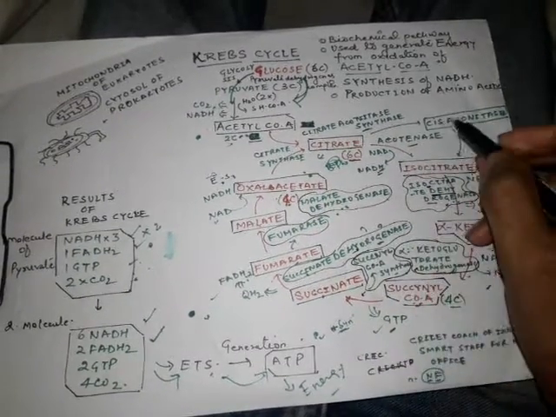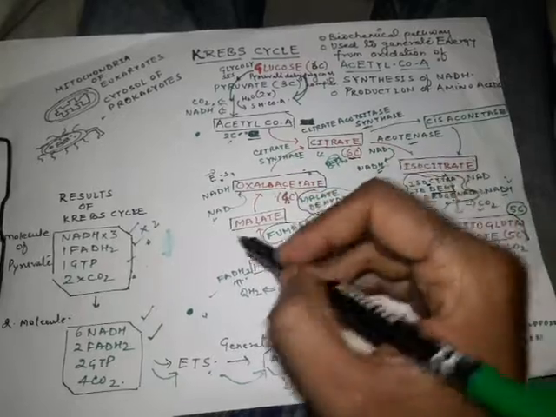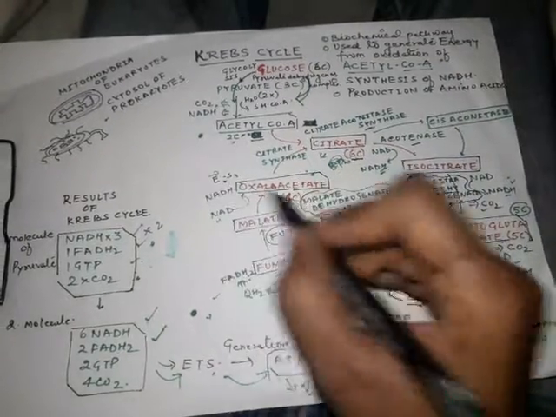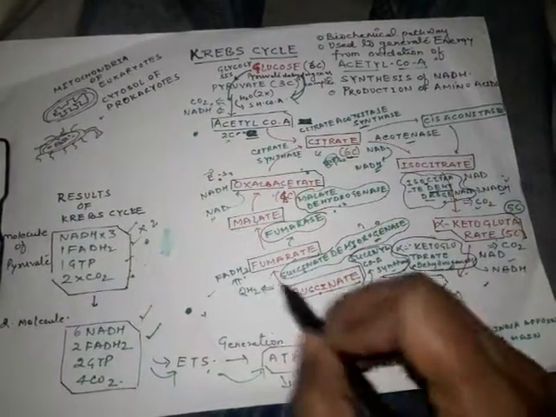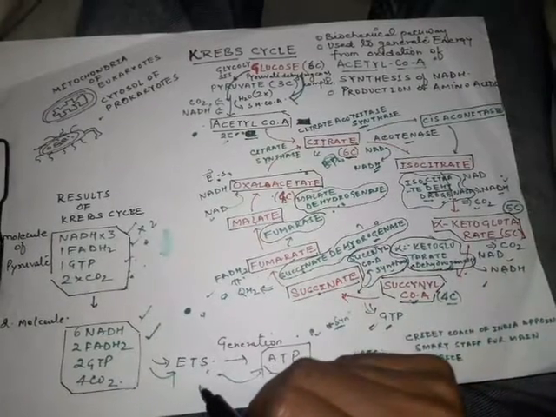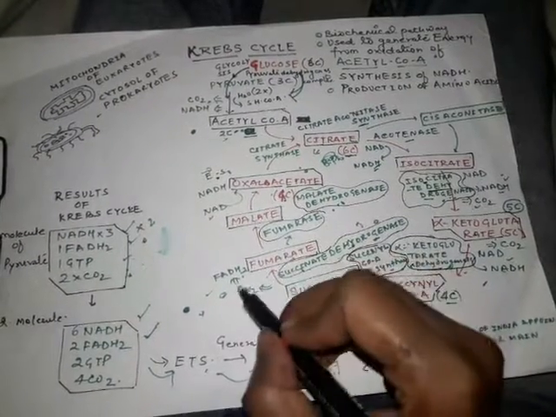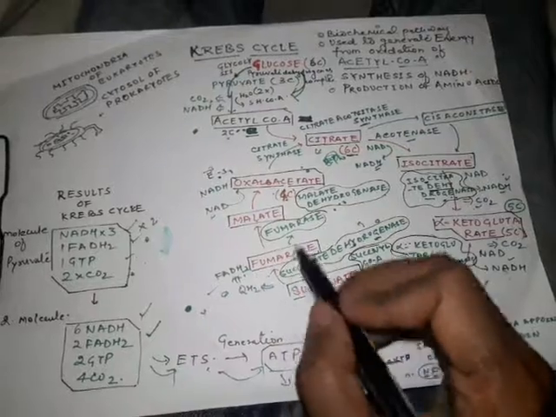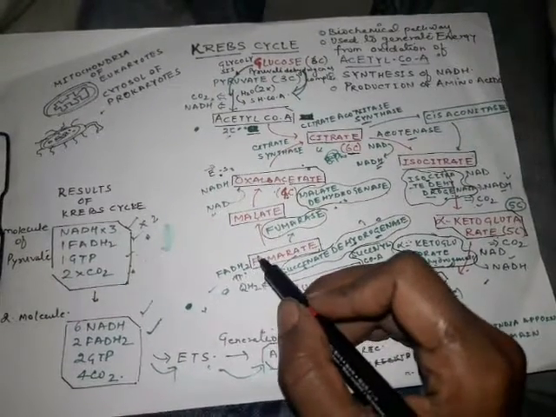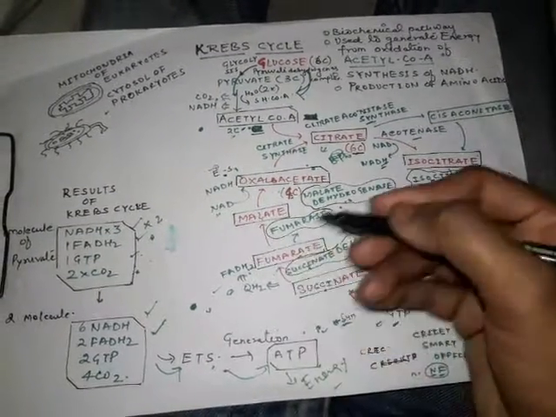Also remember where NAD is converted to NADH, where GTP is released, and where FADH2 is formed. These are the key points you should remember, by which you can learn very easily.